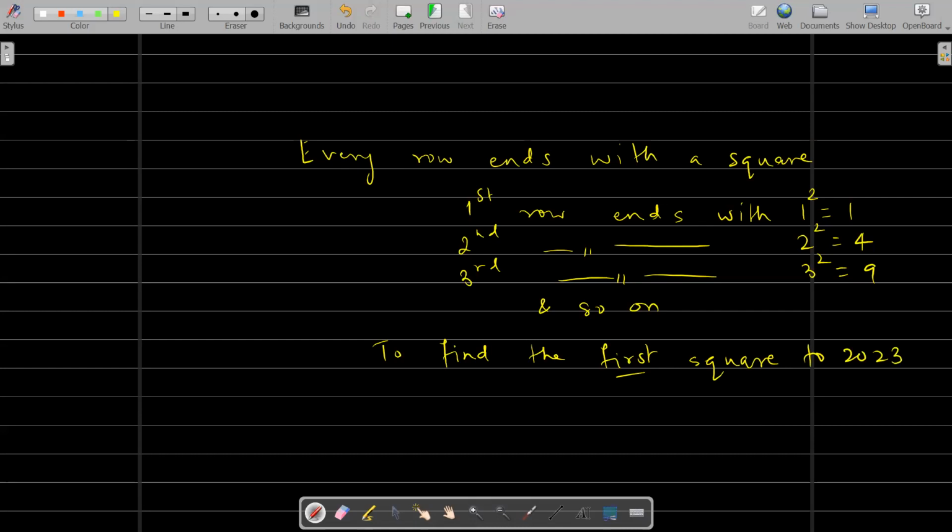Saket, what is that? Okay, sir. When I was thinking of numbers next to 2023, I thought about the rule of finding squares ending with 5.